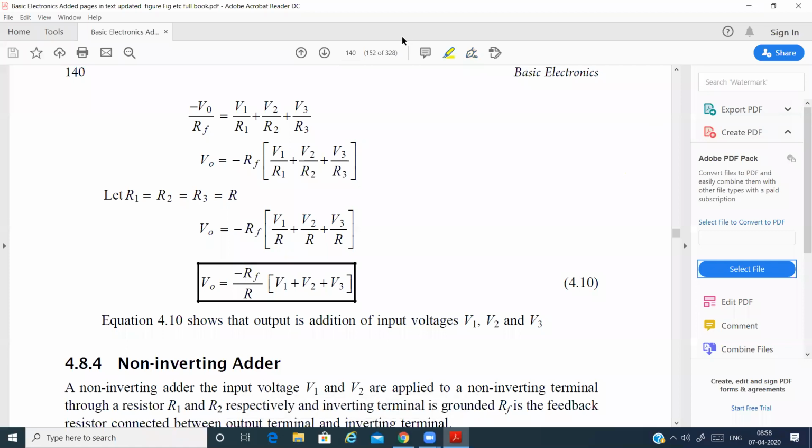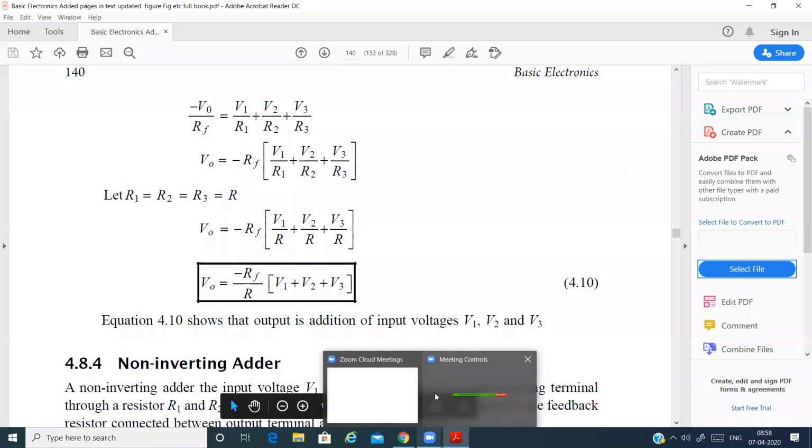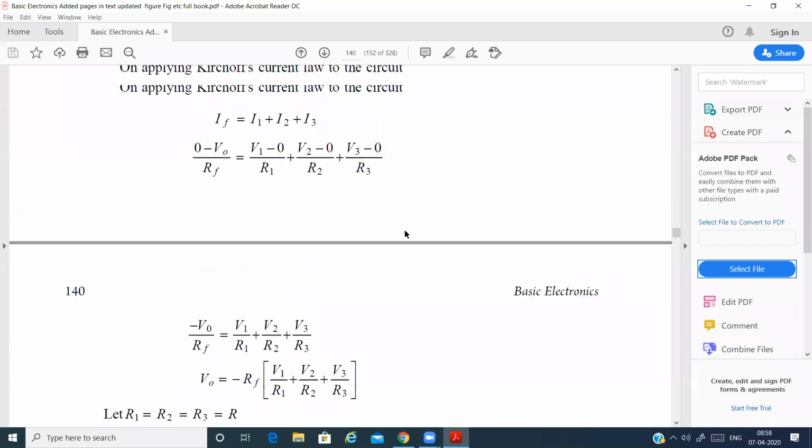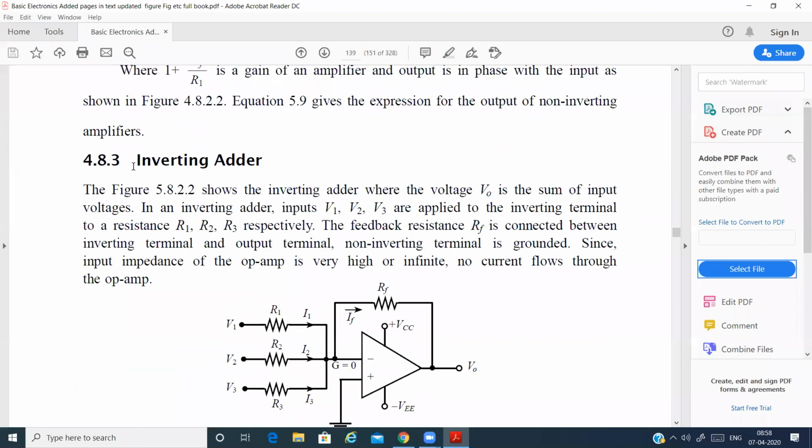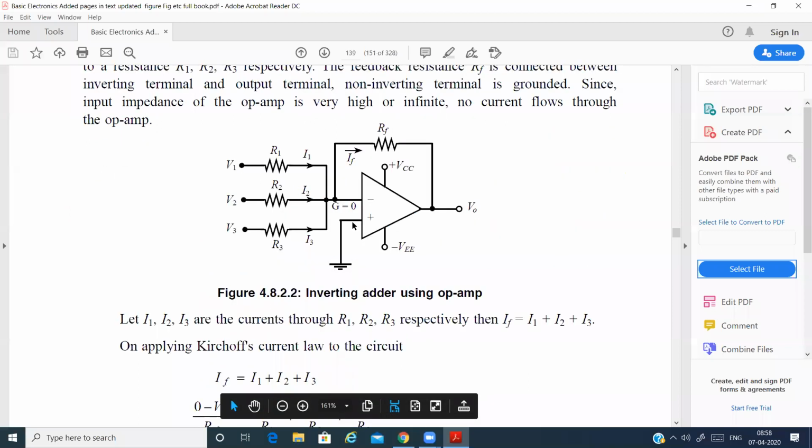Can anyone answer this? Output is inverted with respect to the input signal. Yes, the output is inverted with respect to the input signal, because the name itself tells we are telling inverting. Whenever the name inverting comes and whenever you are giving input to the negative terminal, then output and input signal will be inverse of each other.